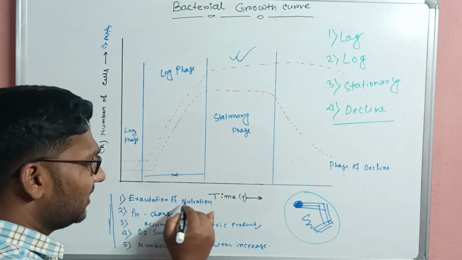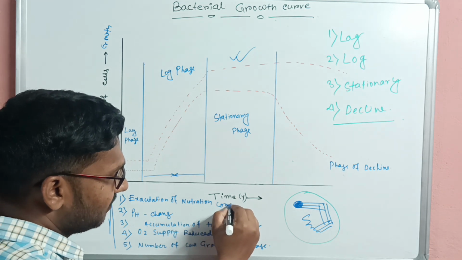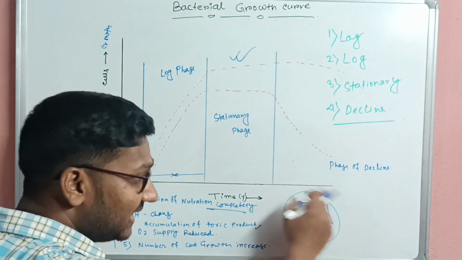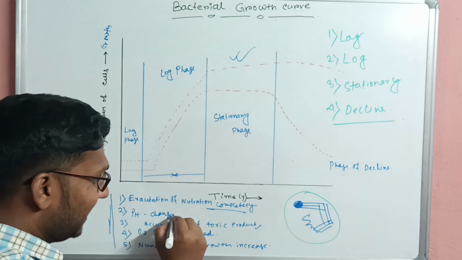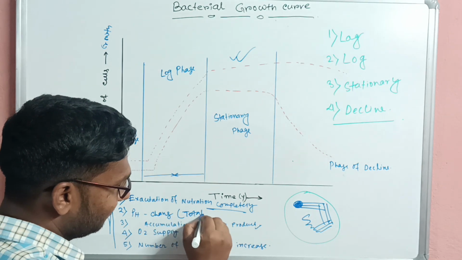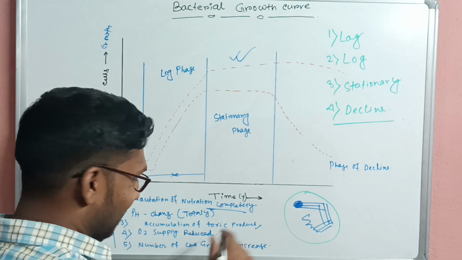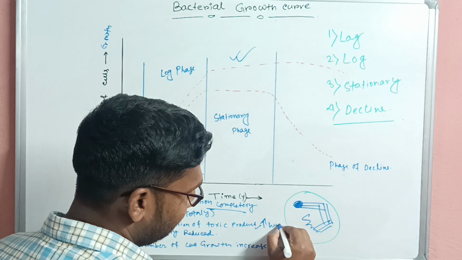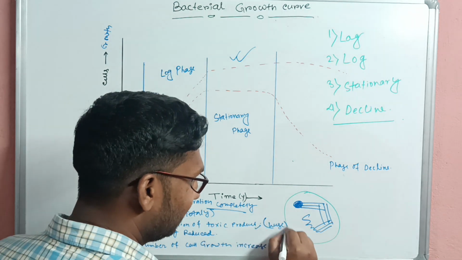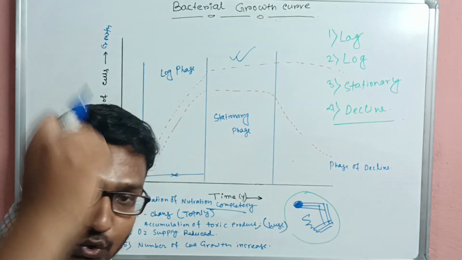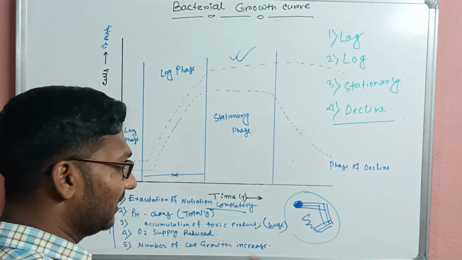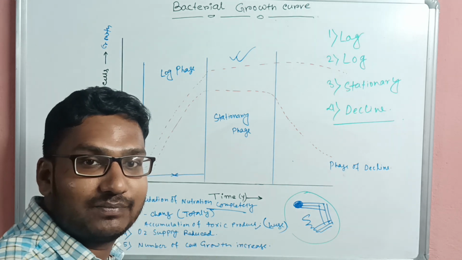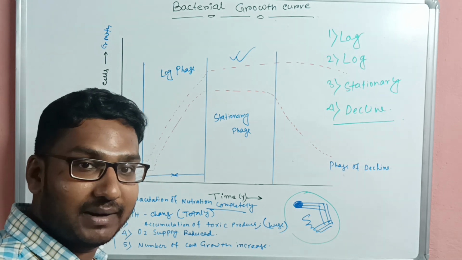So exhaustion of nutrition, completely exhausted, there is no nutrition present inside the media. pH is changed totally. Accumulation of toxic product, huge in number, and O2 supply is totally reduced. And the number of cells increased, so many bacteria. So at that time what will happen?